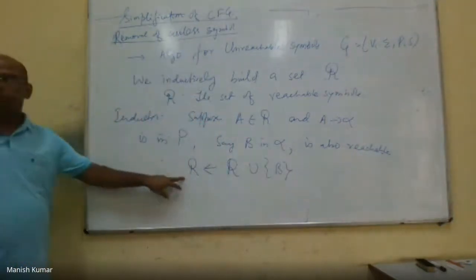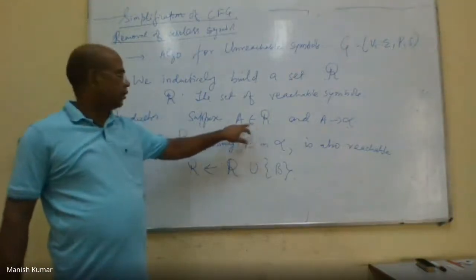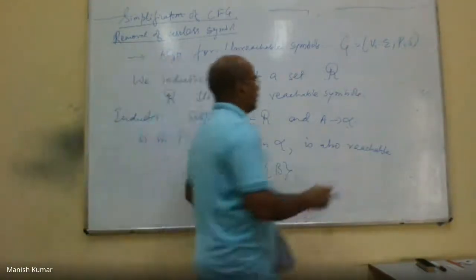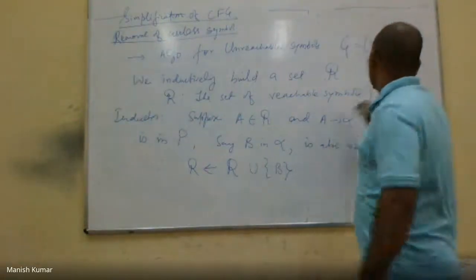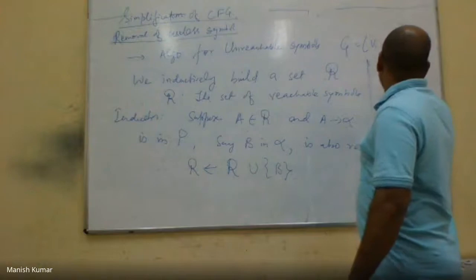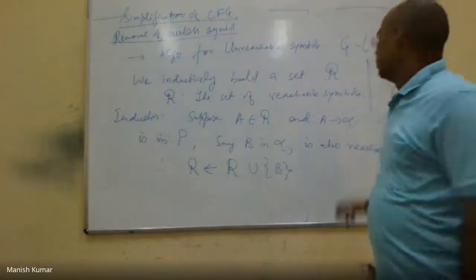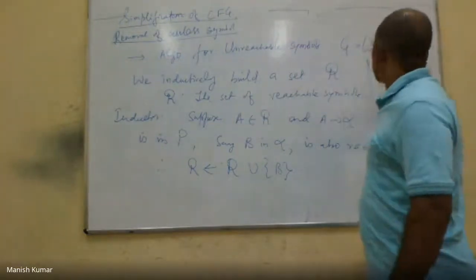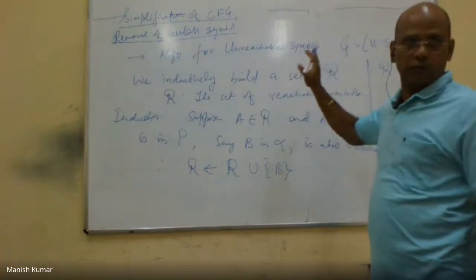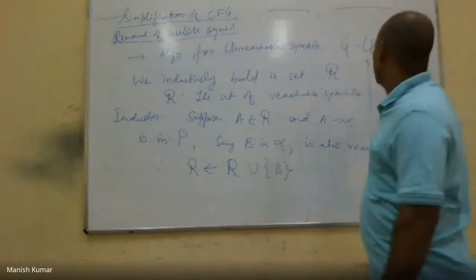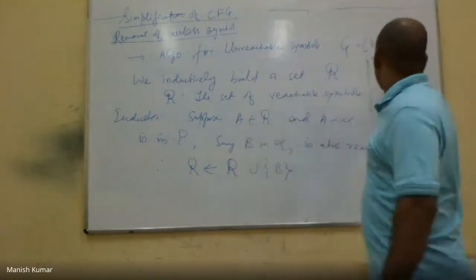So initially we start with this. If you go for the induction part, R always has the element S. So this A could be S, because the starting symbol is always in R, since that is the symbol which is reachable from anything.